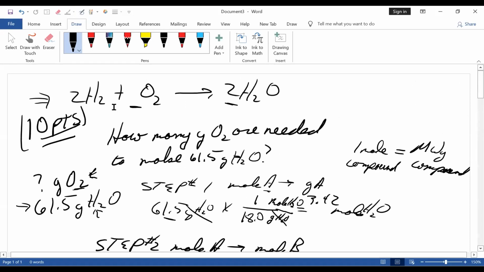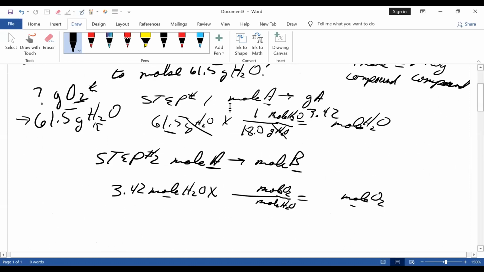From the balanced chemical equation. For every 1 mole of oxygen, I make 2 moles of water.